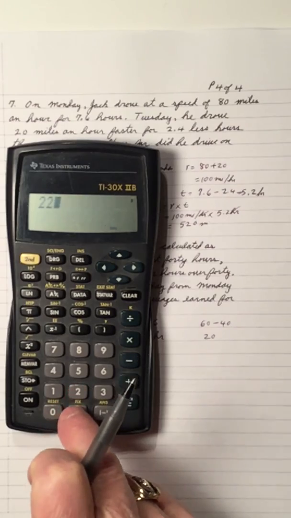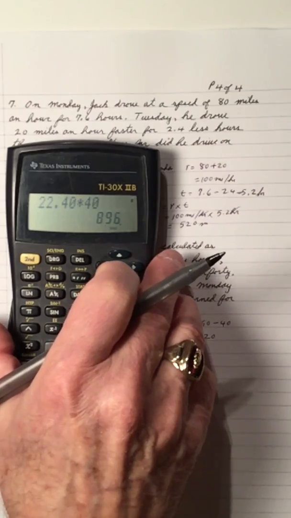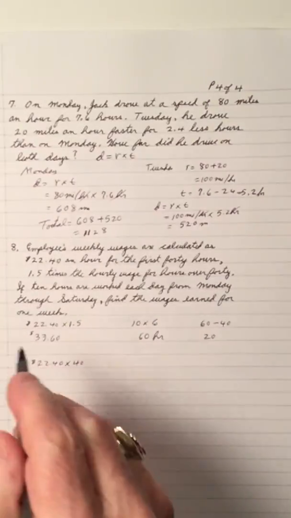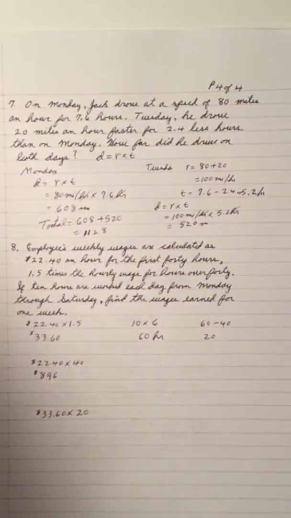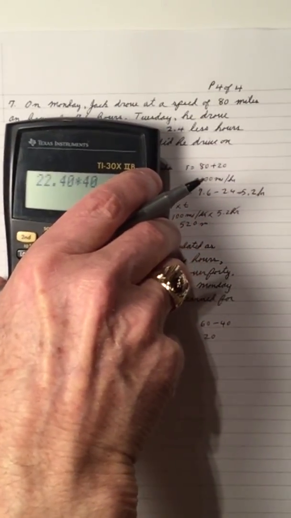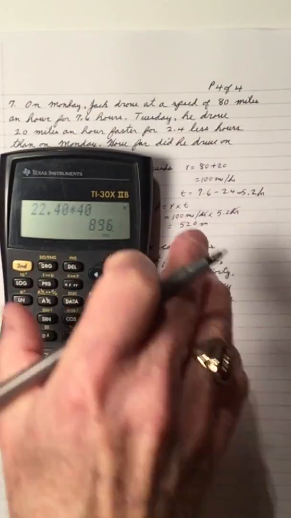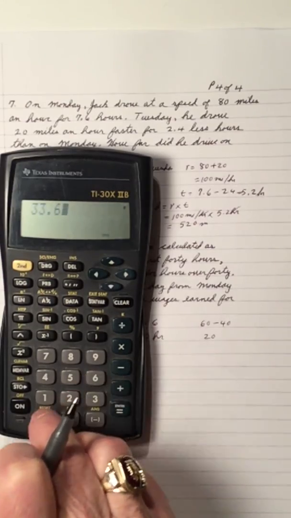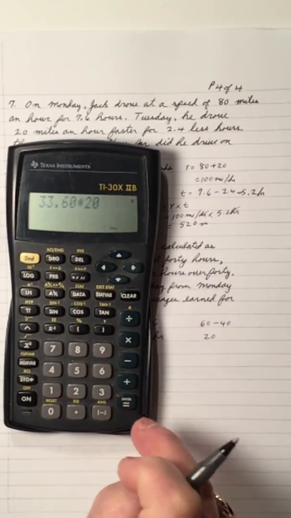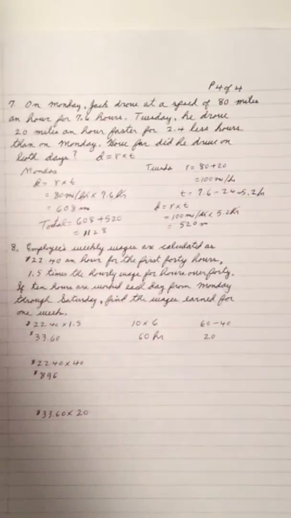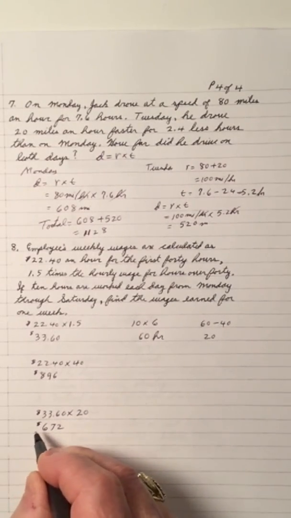So he gets $896 working the first 40 hours, and 33.60, sorry, gotta be careful, 33.60 times 20, $672. He worked on his extra hours.